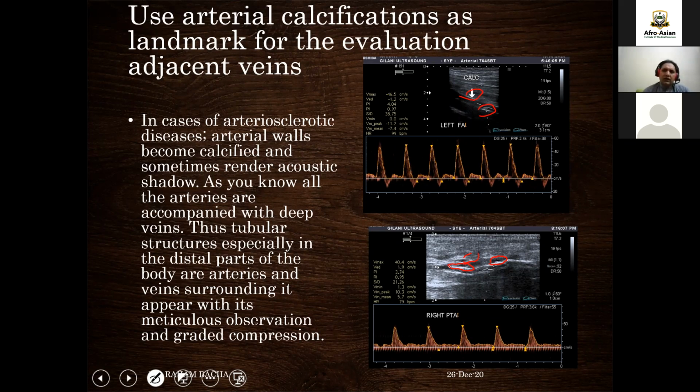There is a great deal of difference between the anatomy of the veins. So the number of veins varies from 2 to 7 below the knee joint.